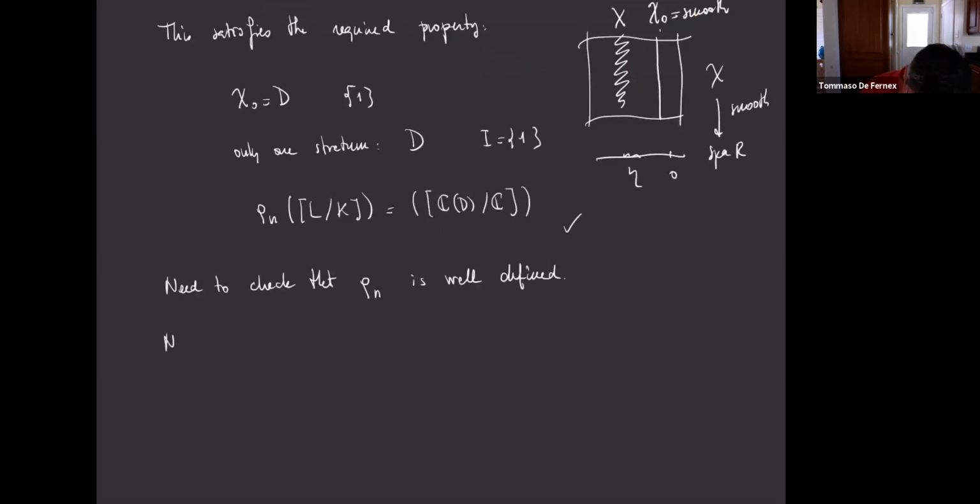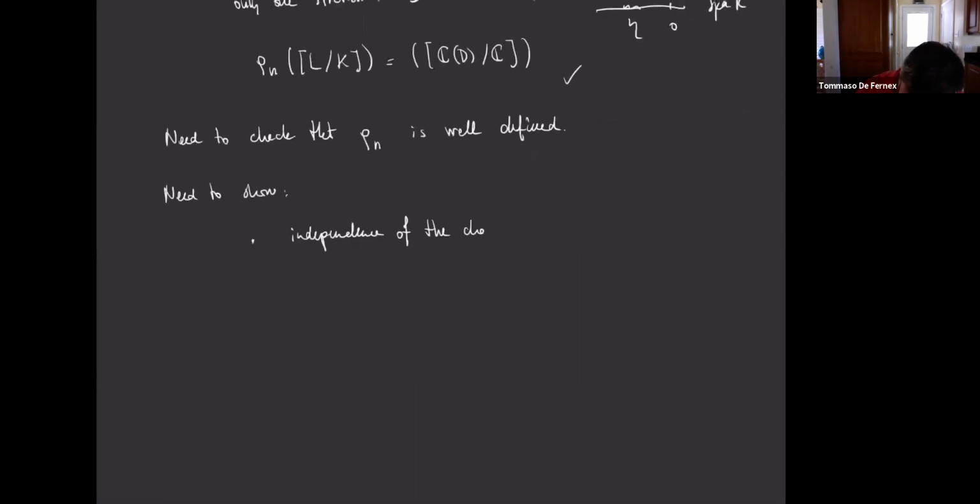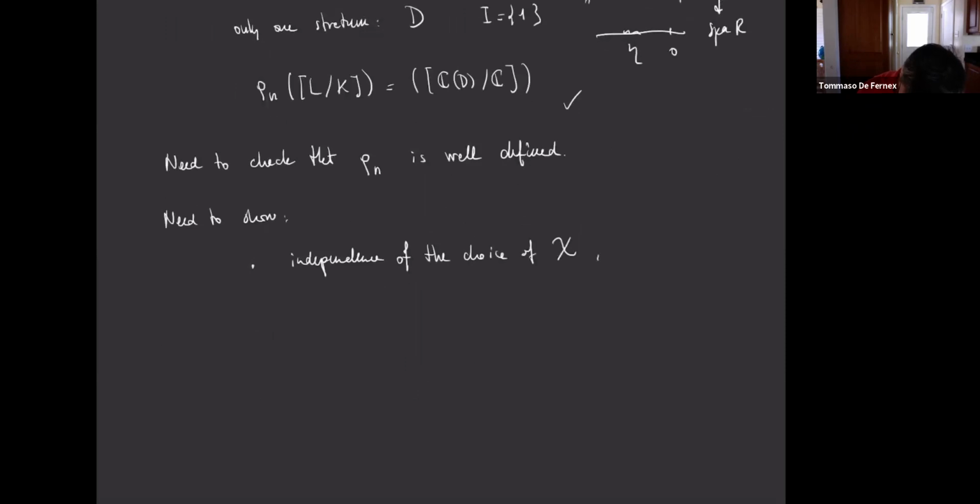We need to show two things: independence of the choice of model given a central fiber, and then independence of the choice of central fiber.